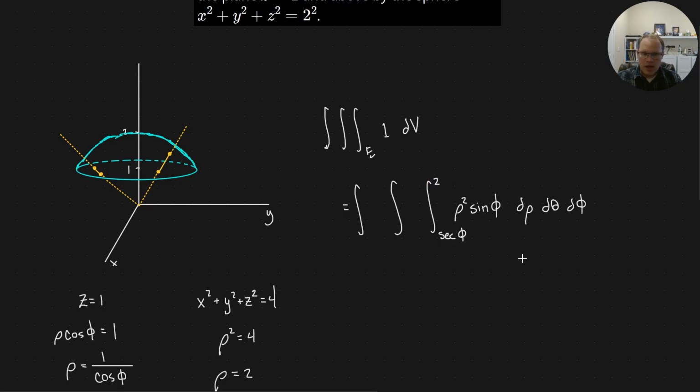Okay. Now for theta, again, I want to go all the way around. Right? It's symmetrical in this direction. I want to go all the way around. So theta is going to be from 0 to 2 pi.